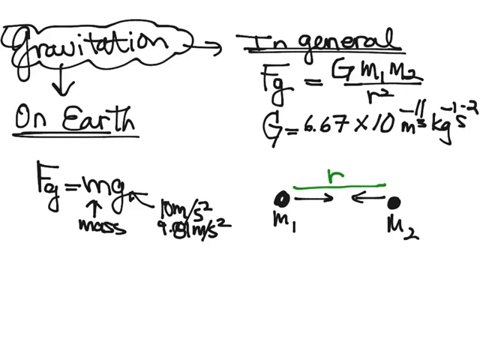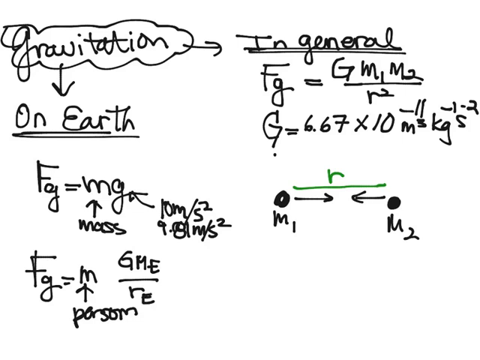In fact, it's also true on Earth. What you could do is take the mass of the Earth. These are really the same formula. For the Earth, we have Fg equals the mass of the person or whatever, times capital G, 6.67 times 10 to the negative 11, times the mass of the Earth, divided by the radius of the Earth squared, and you would actually get 9.81.